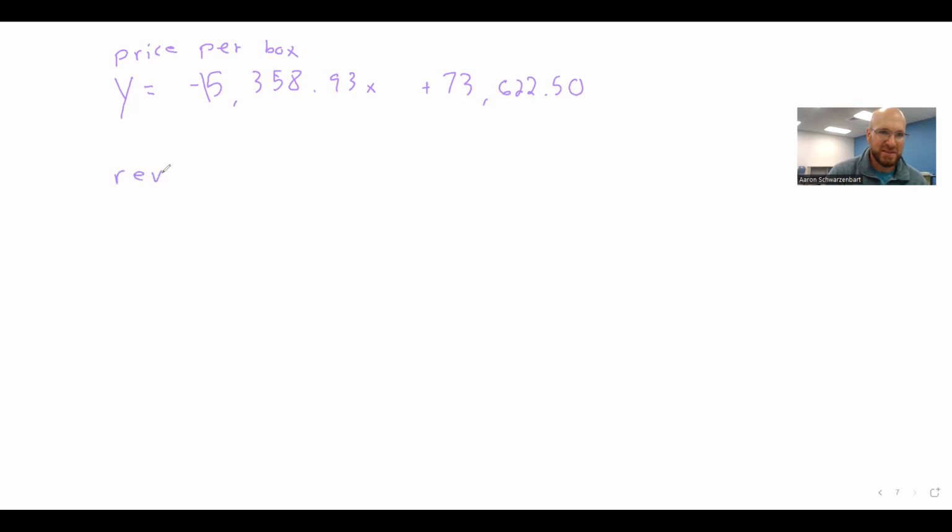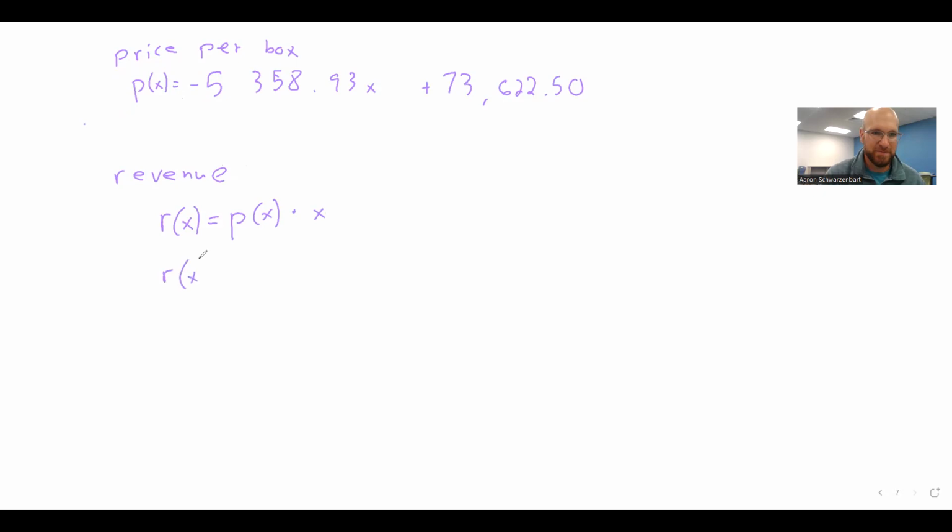Revenue then, and actually I want to call this P of x so that I can use a little bit of function notation and simplify my writing. Revenue then, R of x, is going to be P of x times x.